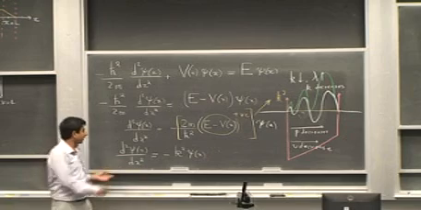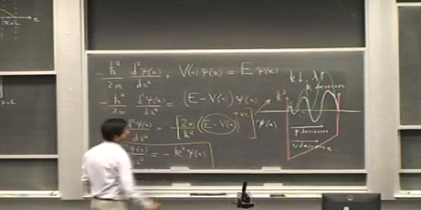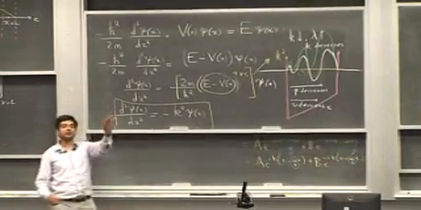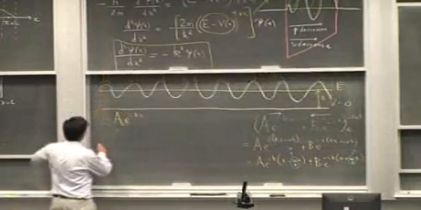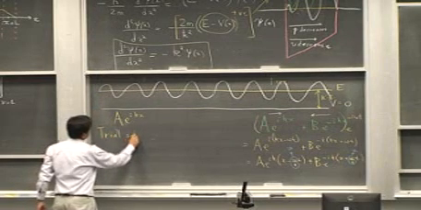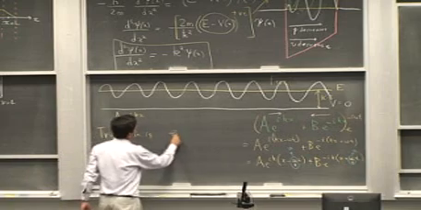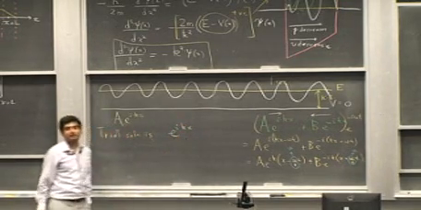Alright? Now if this is my equation, let me propose a solution. A trial solution is e^{ikx}. Okay?